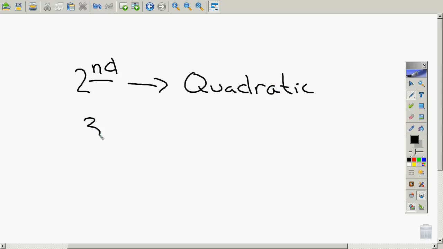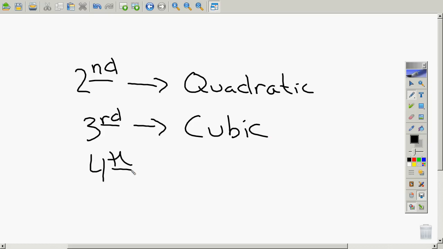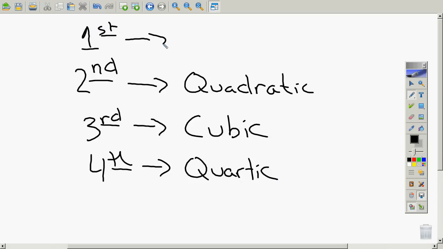A third degree is called a cubic. A fourth degree is called a quartic. And the other one you might see is a first degree. And you should know that that is called linear. So you'll need to have that information to do the Act 2 activity for 7.4.